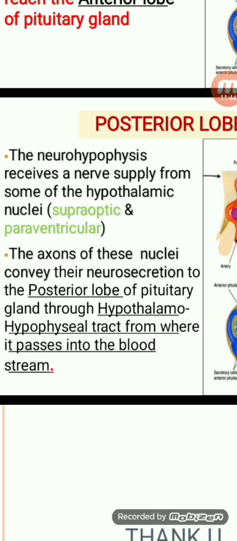As we mentioned, the neuron has a cell body and two processes. The two processes are either axons or dendrites. Axon transmits the action potential, and dendrite is a receptor.